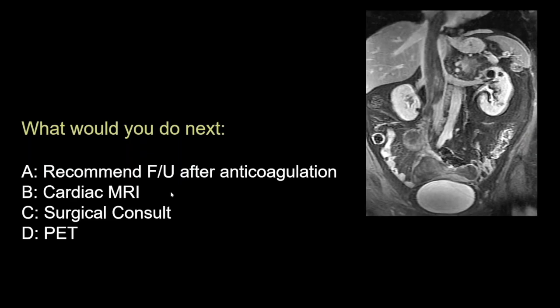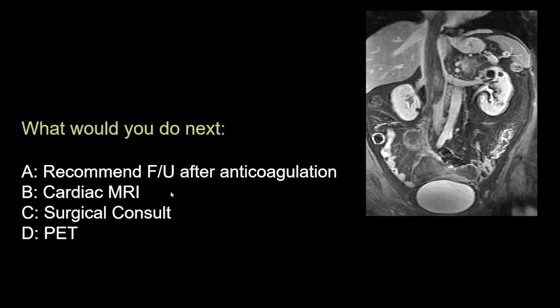Because I was doing the first one, I'll try. It looks like a filling defect, a hypointense filling defect, but it looks like a mass-like filling defect. So I would not just stop with anticoagulation. We'll have to do something.